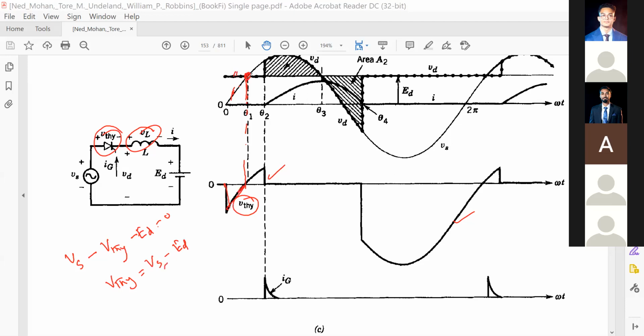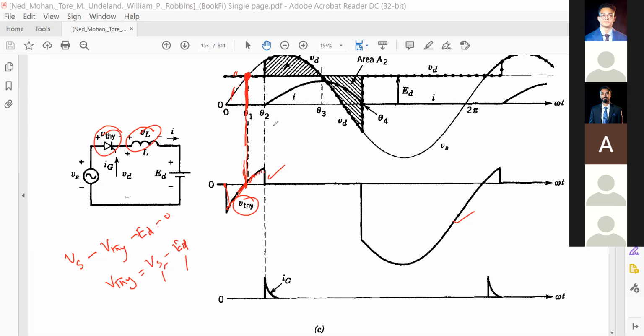And that's exactly this point where VS and ED are equal, right? At theta 1, VD and VS are equal. Yes, sir. So that is why you get 0 voltage, and after that VS is greater than your ED, so we are getting the positive voltage.